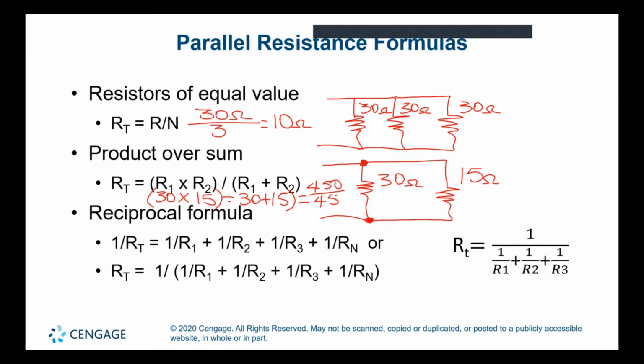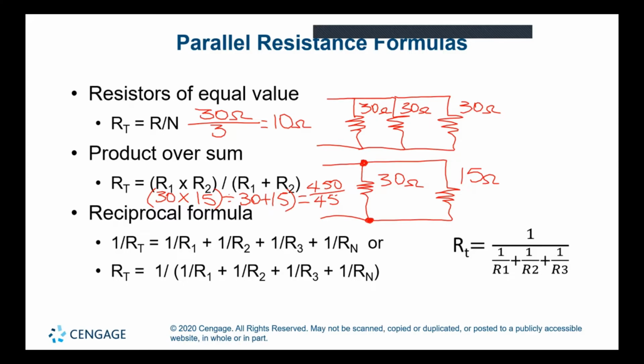The first formula we are going to get into is for resistors of equal value. If we have a circuit like this, where we have 3 30-ohm resistors, in order to find my RT when I have resistors of equal value, I'm going to use this formula that says RT is equal to R, any of the resistors in the circuit, divided by N, the number of resistors of equal value that I have in the circuit.